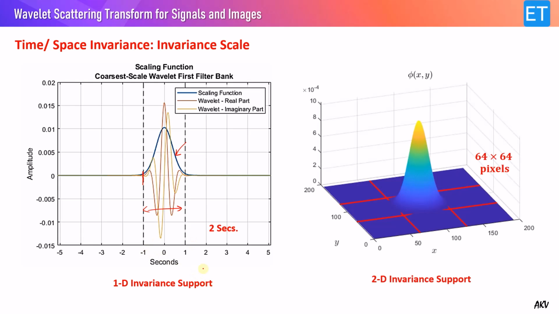In case of 2 dimensions, you can see this is your scaling function, shown here in 3 dimensions. We are talking about images actually. Here you can see the width of this scaling function is 64 by 64 pixels in this figure. So that is a 2-dimension invariance support.